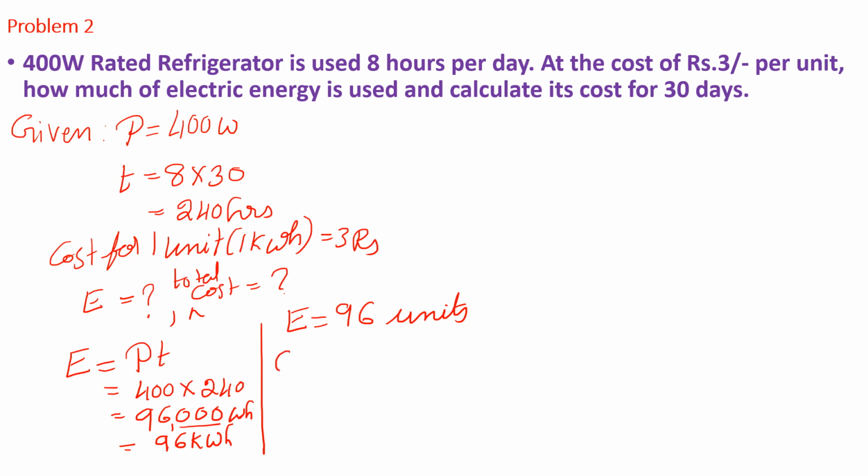So now the cost for 1 unit is given. How much? It is 3 rupees. Then what is the total cost for 96 units, which is equal to how much?